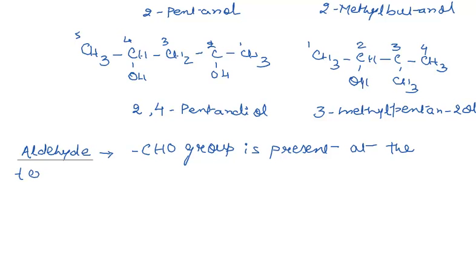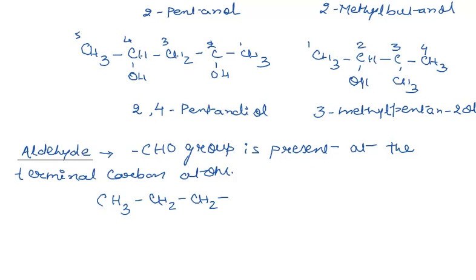CHO group is present at the first or the terminal carbon atom. It is present in the terminal carbon atom only, and your CHO group is also counted.